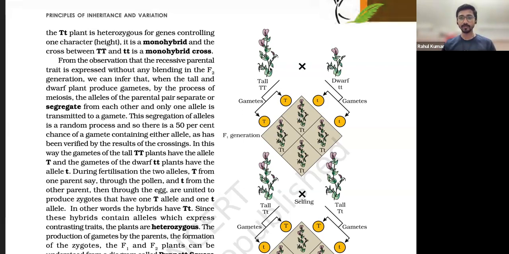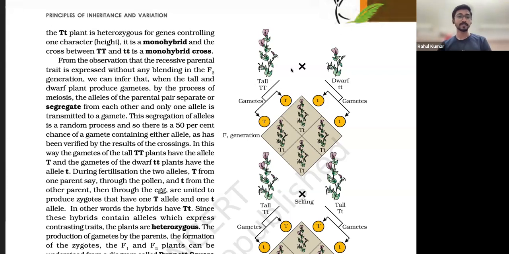But if the tall one was heterozygous tall, then you will not get all tall. You will get half tall and half dwarf, which means 2 tall and 2 dwarf, right there in the F1 generation. Do you understand that? Yes or no, people? Give me a thumbs up if you understand. Yes, sir.